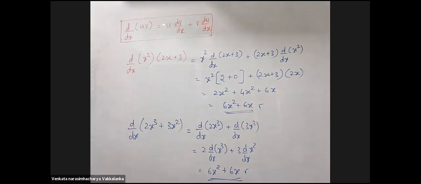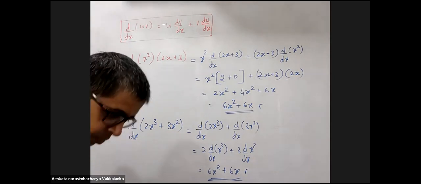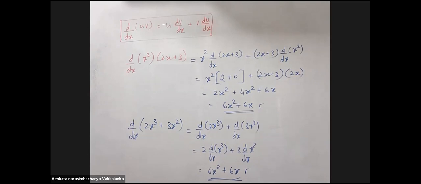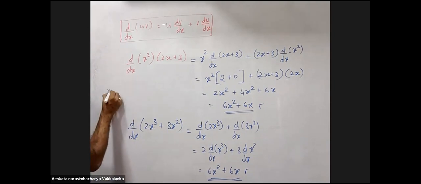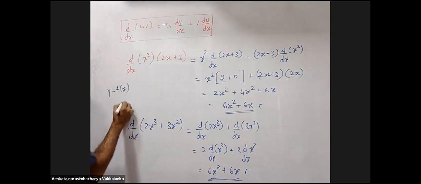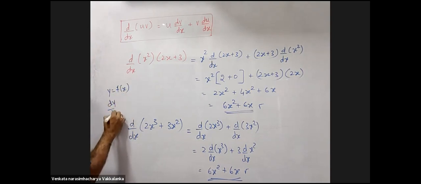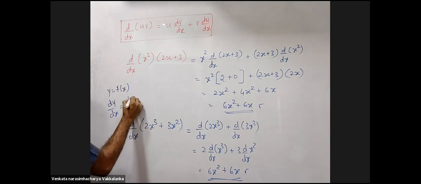Sir, is there any way to write d by dx? I have seen some places where they put a dash or something. That's a different symbol, called f dash x. Y is a function of x, dy by dx, they write it as f dash x.